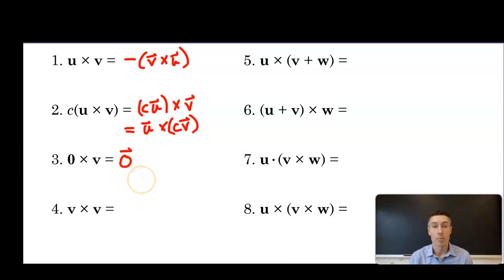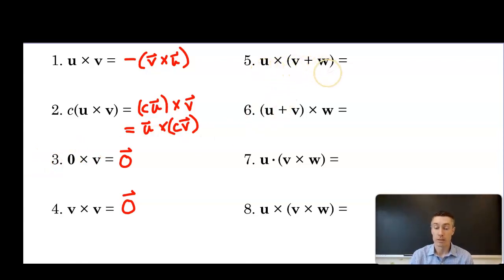Imagine setting up your determinant with a row of zeros. You'll get all zeros as your components. Remember, 0 vector, not 0 the number, 0 the vector. And then v cross v, if we cross a vector with itself, we will also get the 0 vector. Again, I would encourage you to set up a matrix where the second and the third row are the same vectors and do the cross product out and see what you get. You should get a vector with all components being 0.